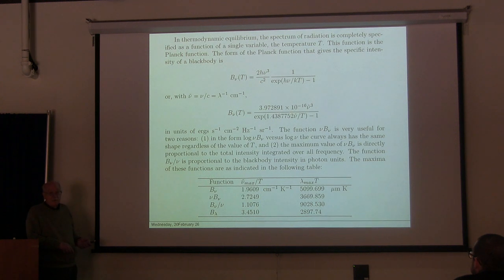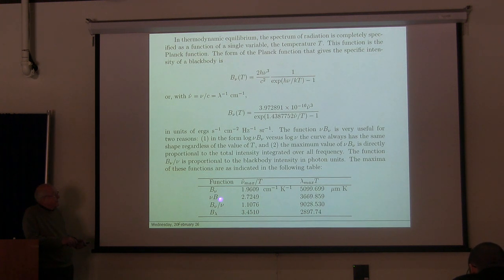I introduced some things about Planck functions in black bodies. And there's one thing in particular that's extremely useful for analyzing any astronomical sources that can be related to a black body spectral energy distribution.